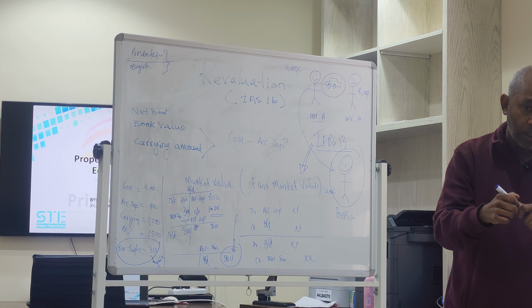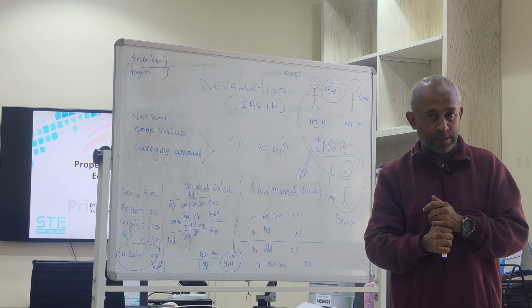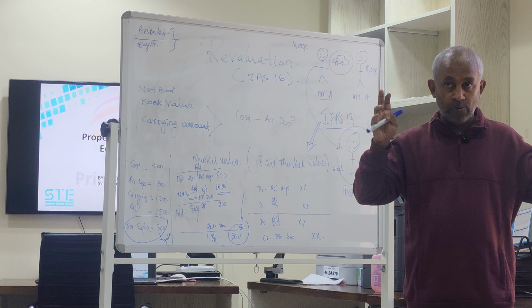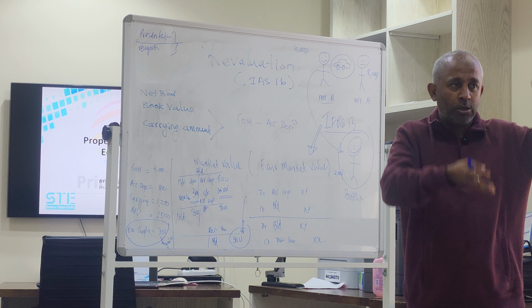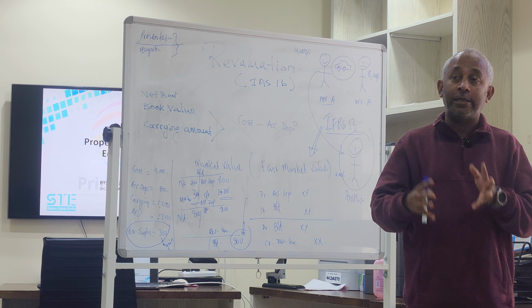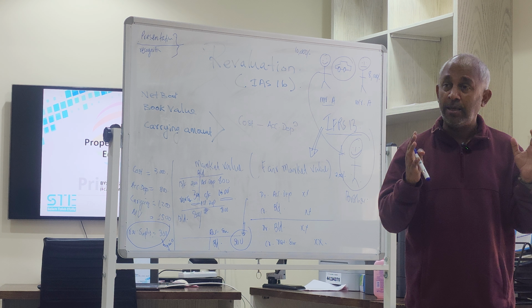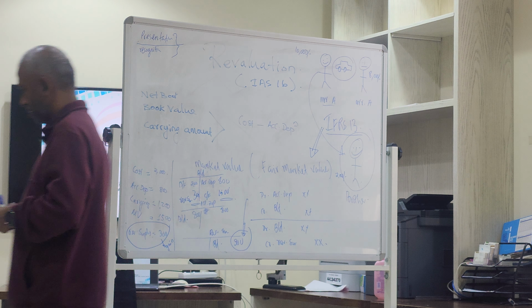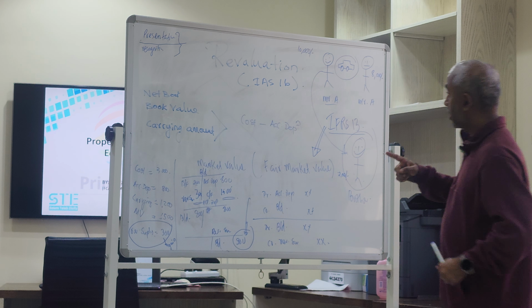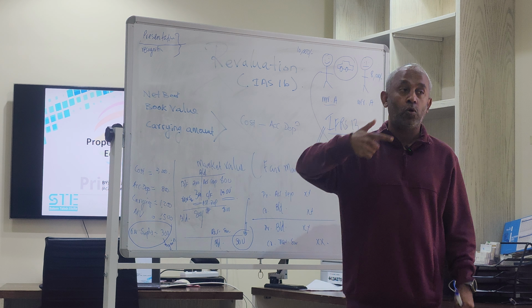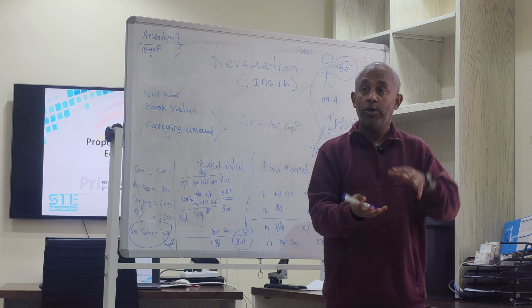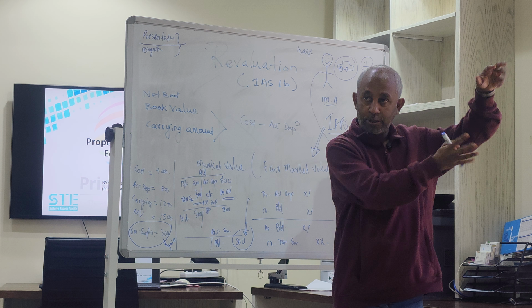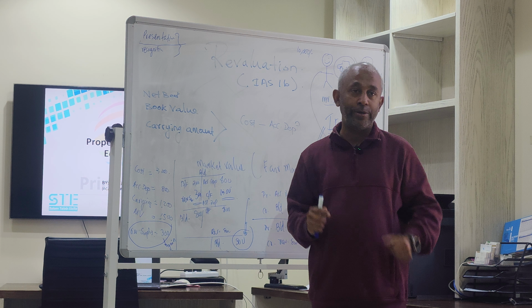IAS 1 says when you produce your income statement, you categorize it into two headings or two segments. One segment only for the profit and loss, the other segment for something called other comprehensive income. IAS 1 talks about how you present your income statement. You segment as profit and loss and as other comprehensive income.